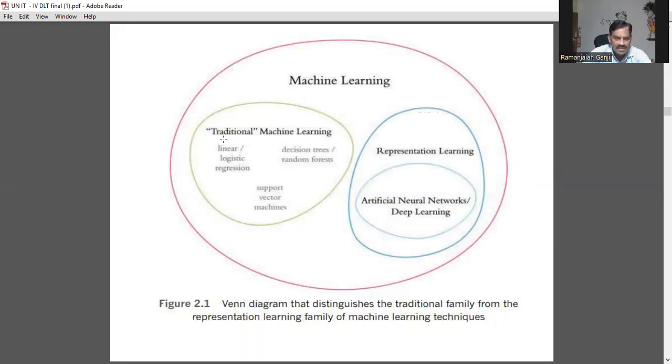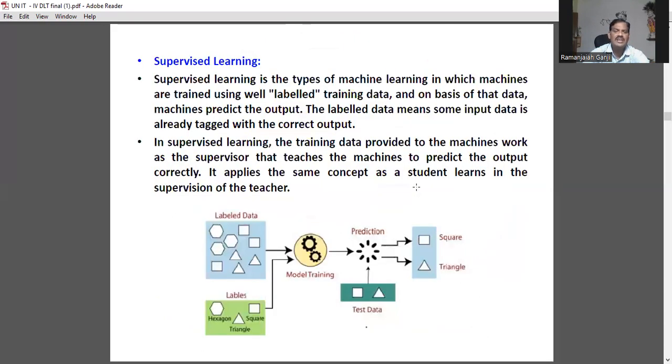This is the traditional machine learning approach, where we have linear or logistic regression, Bayesian trees or random forest, and SVM, called support vector machines. Whereas representation learning includes ANN, artificial neural networks, and deep learning. Representation learning consists of two parts, artificial neural networks and deep learning.